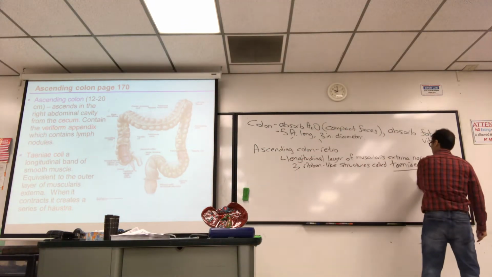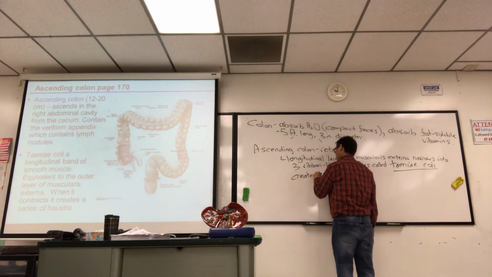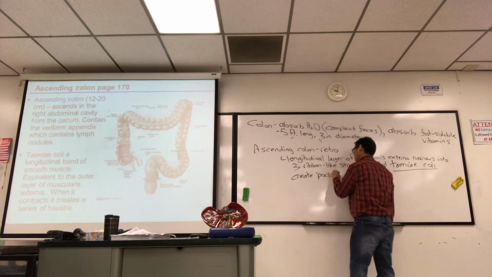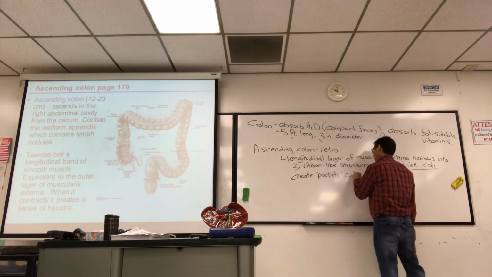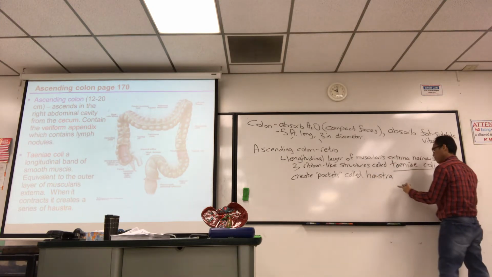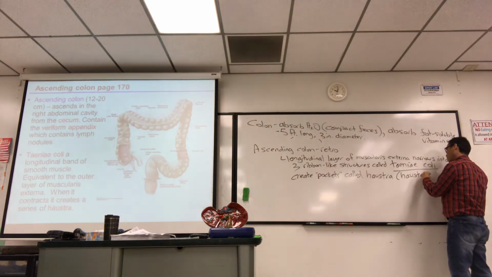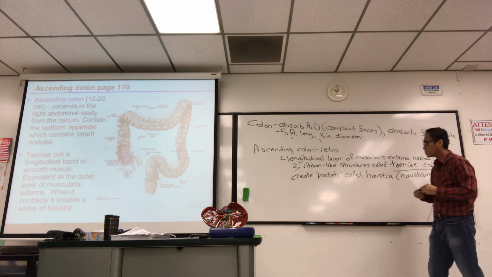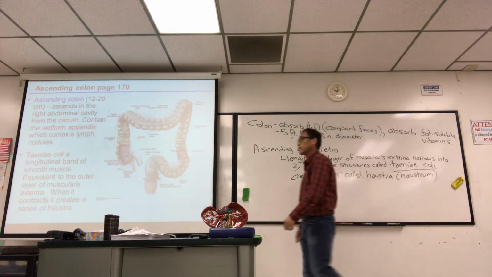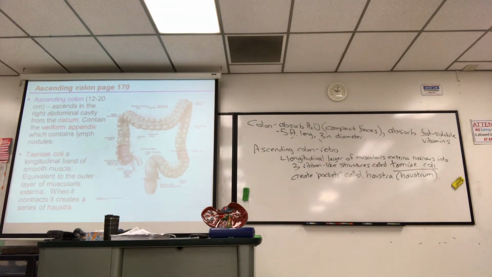Tinea coli create little pockets, quote unquote, called haustra. The singular form of haustra is haustrum. All right, so the first part is the ascending colon.